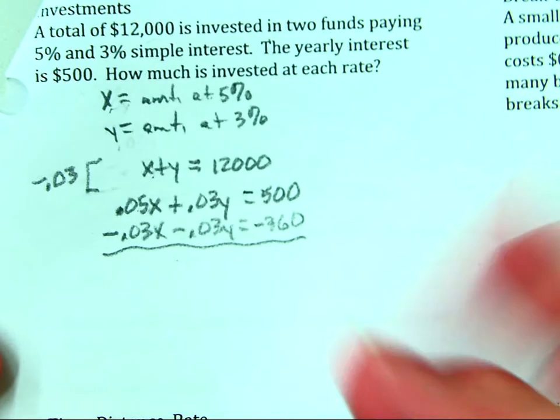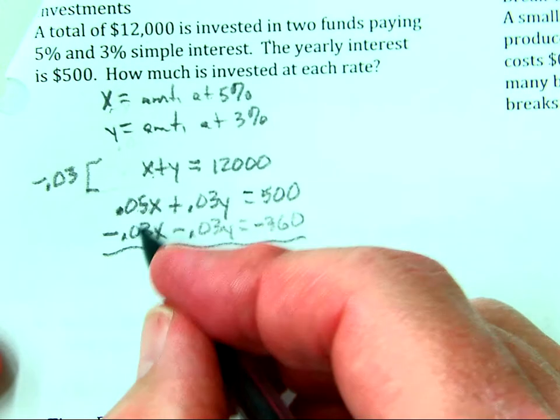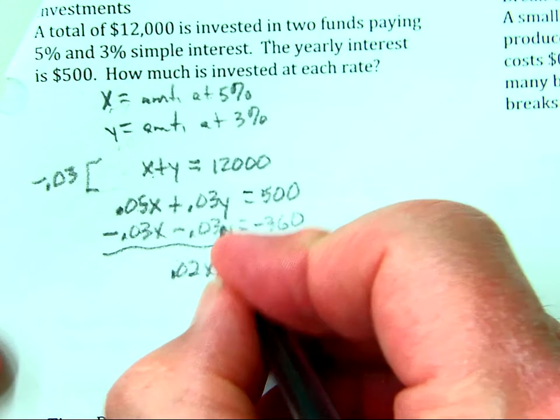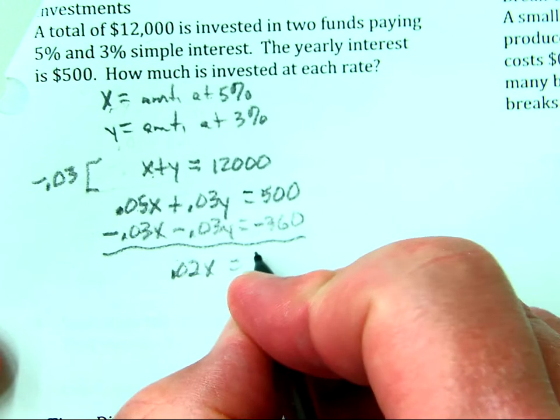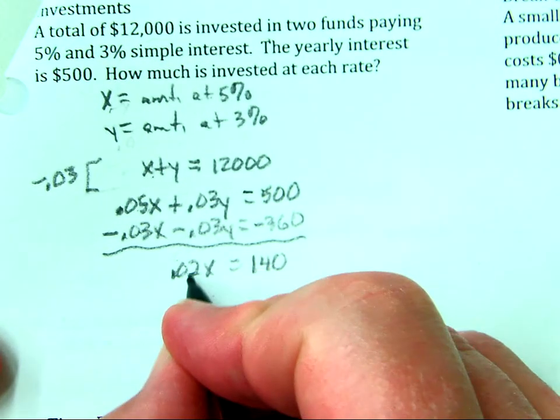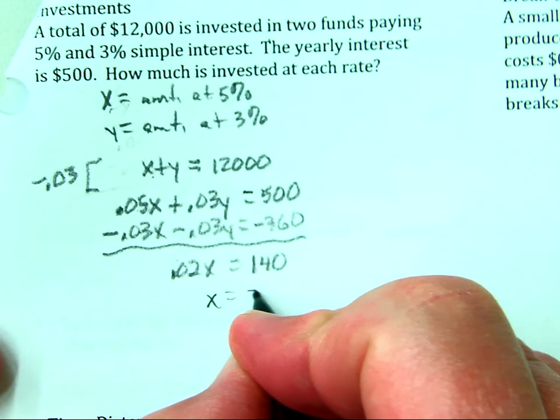So if we combine those, 0.05X minus 0.03X is 0.02X. The Y's cancel. 500 minus 360 is 140. So if I divide by 0.02, X is $7,000.